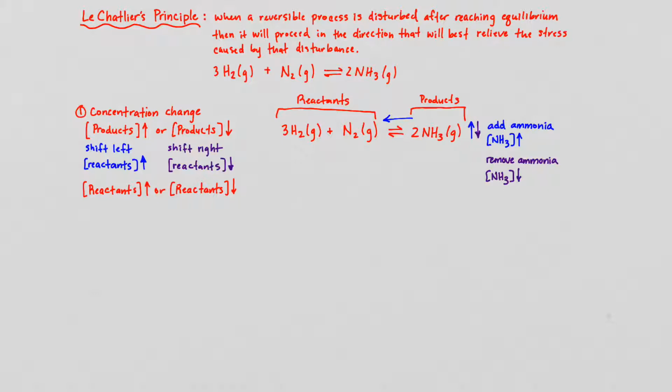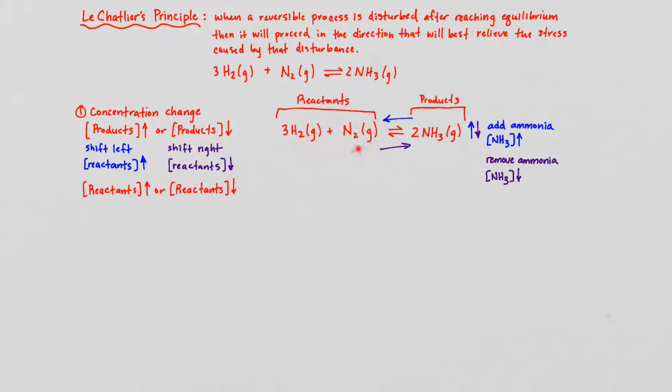So it's an overall decrease. So you're going to have the reaction shift to the right, because if NH3 goes down, there's less of it, and so you get more of this nitrogen and hydrogen converting back into NH3, so that we're going to get back to equilibrium.